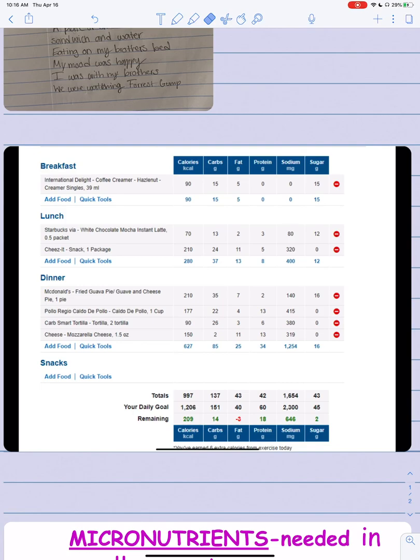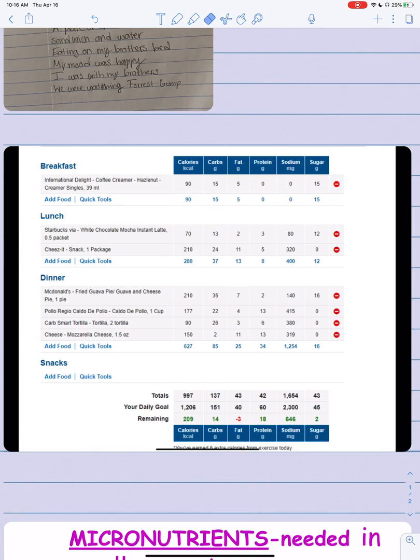Okay, so this person had an International Delight creamered coffee for breakfast, and that had 90 calories, 15 carbs, 5 grams of fat, and 15 grams of sugar. Okay, so for lunch, they then had a Starbucks white chocolate mocha instant latte packet and a Cheez-It snack package for a total of 37 grams of carbs.